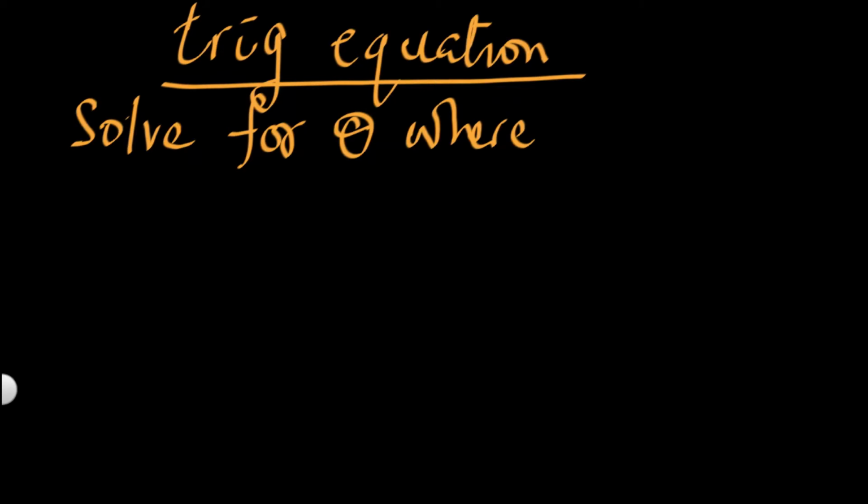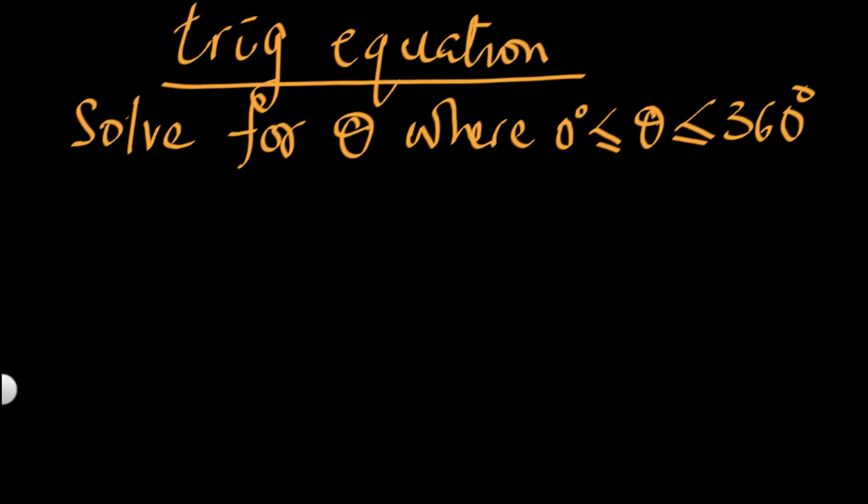This is what we call the range given or a domain given where you should get your theta values, or where all the theta values should fall. They said 0 degrees is less than or equal to theta, which is less than or equal to 360 degrees. What they are saying here is that your answers must fall within this given range from 0 degrees to 360 degrees. That's where you should find your theta.